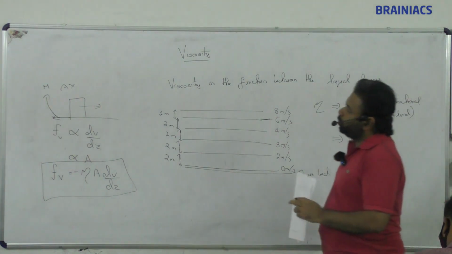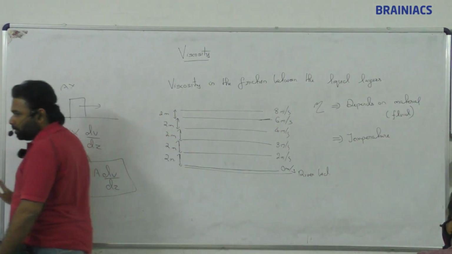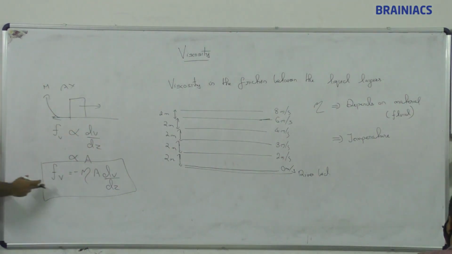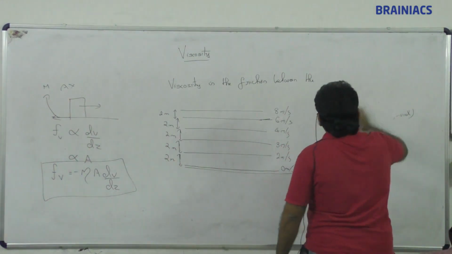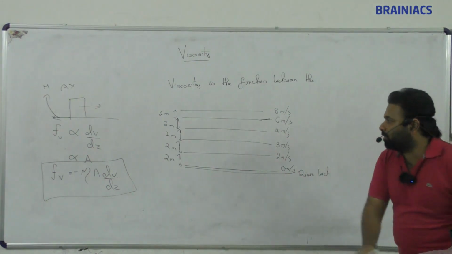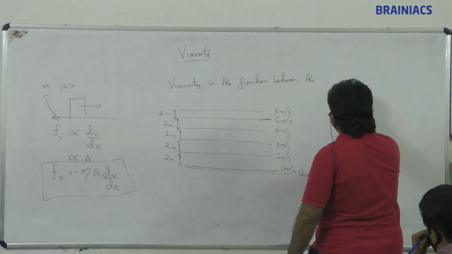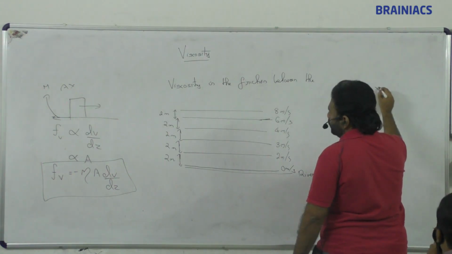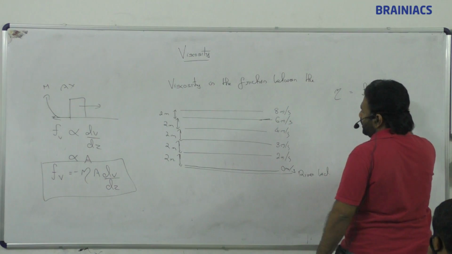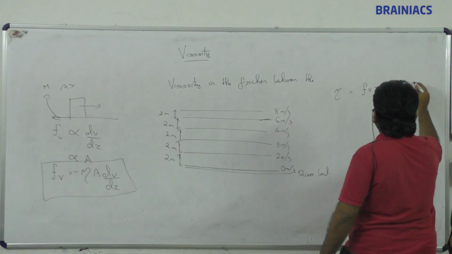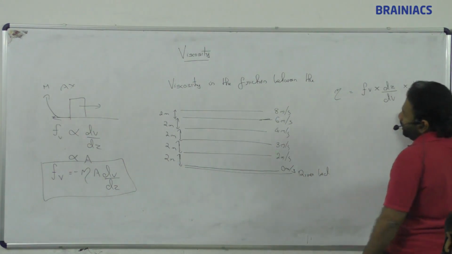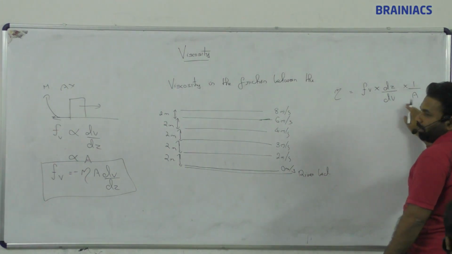What will be its unit? This is force. FV is force, so its unit is Newton. Fine. So now we are interested in finding the unit of coefficient of viscosity. So if we take coefficient of viscosity, this eta is equal to what? FV into dz divided by dv into A. Correct or what?